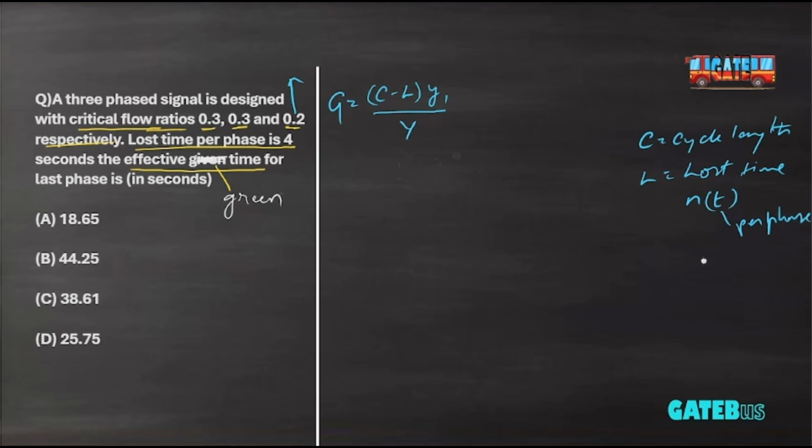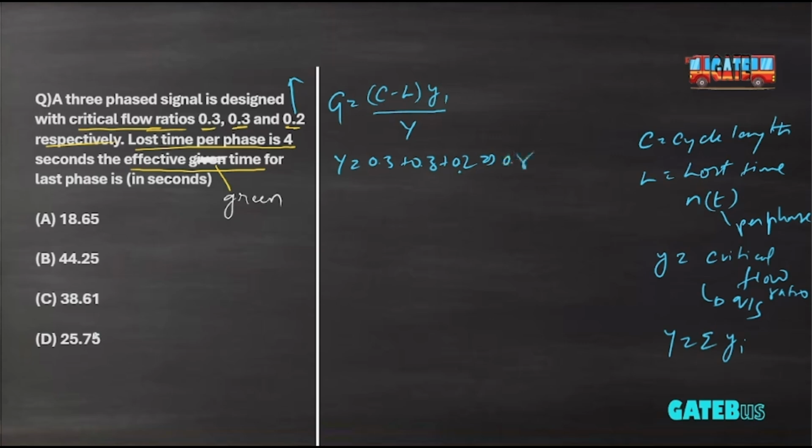Small y is critical flow ratio, that is q by s, and capital Y is the summation of small y's. So we got all these values: 0.3, 0.3, 0.2. So our capital Y will be 0.3 plus 0.3 plus 0.2, that is 0.8.